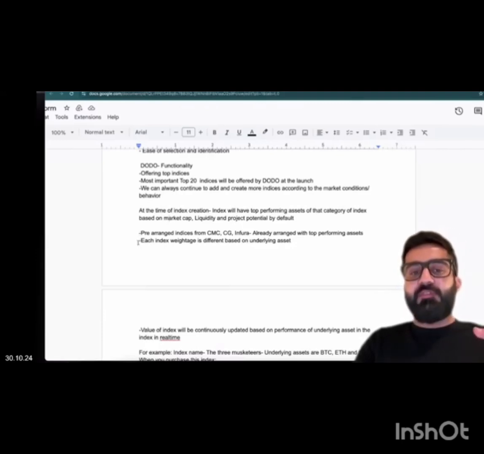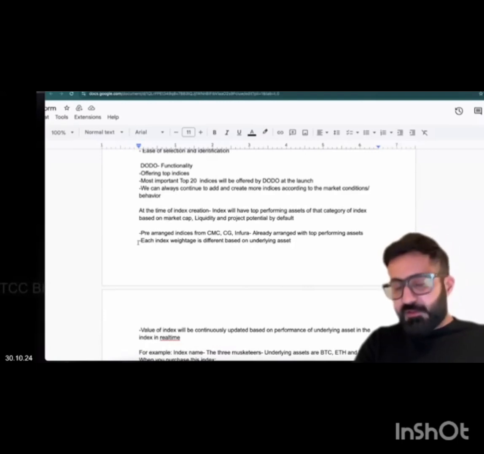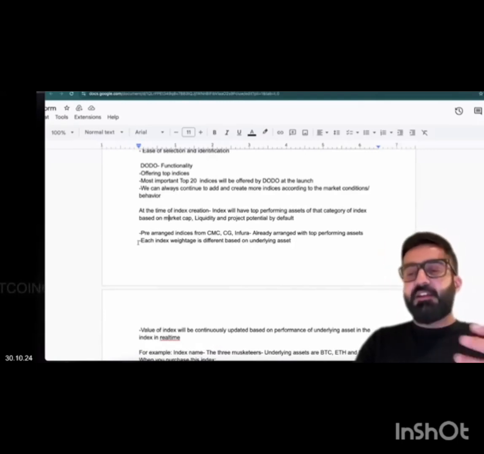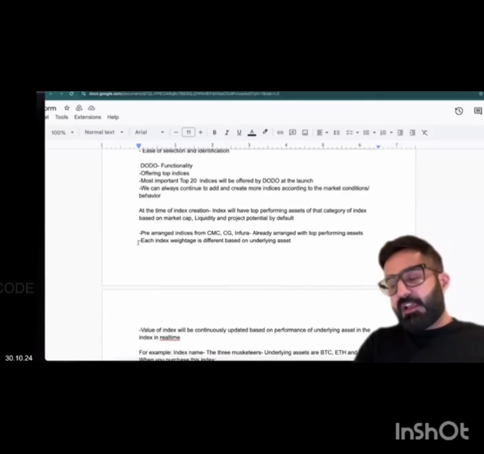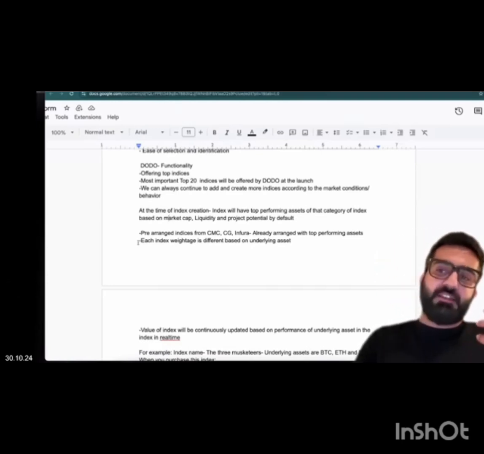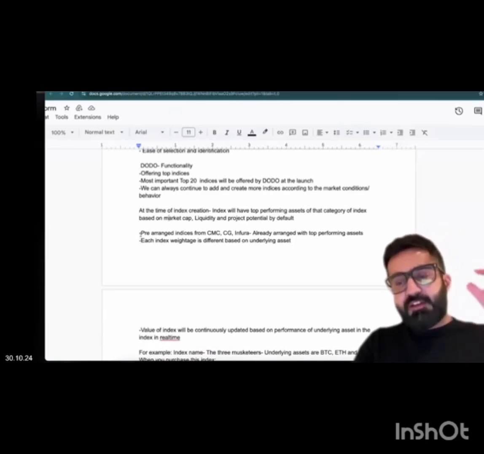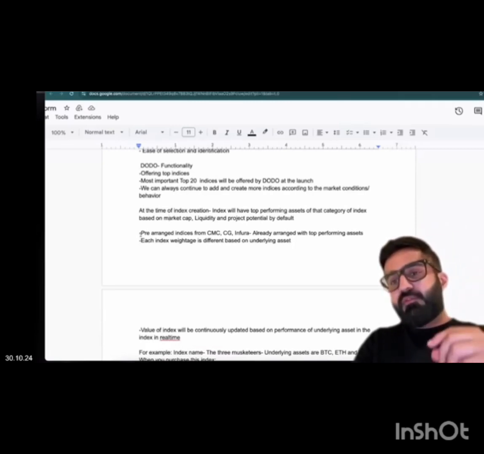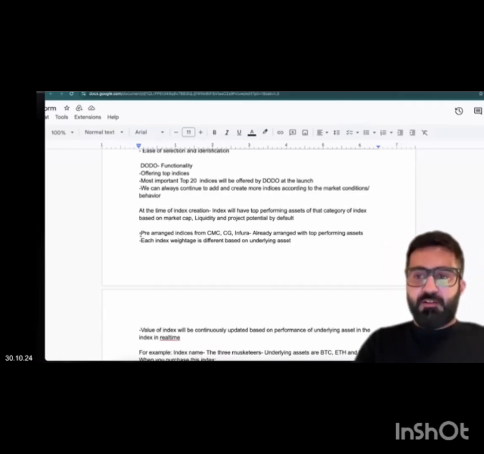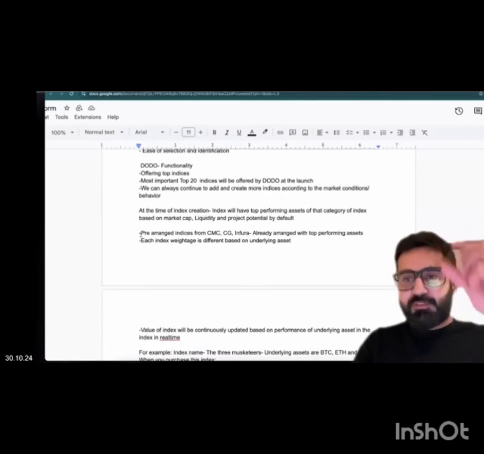Each index weightage is different based on the underlying assets. That means, let's say some index has 10 assets, some index has 3 assets, some has 20, some has, let's say, 50. So the weightage of these underlying assets in the top 50 would be different. Top 10 would be 10% each.